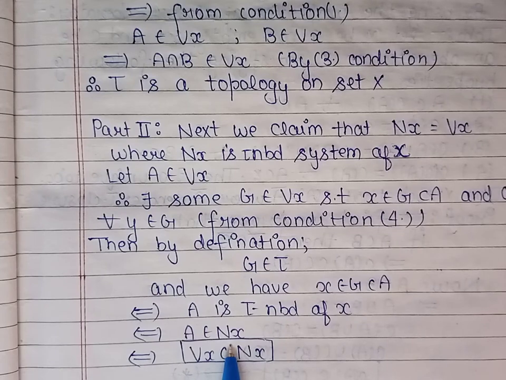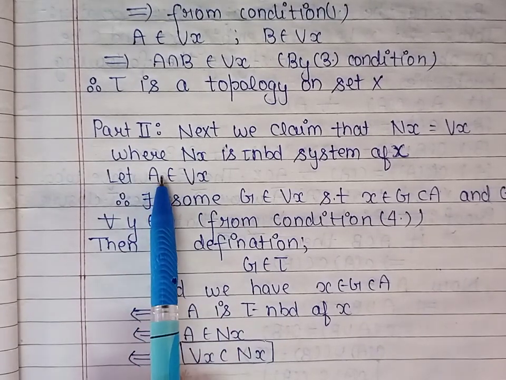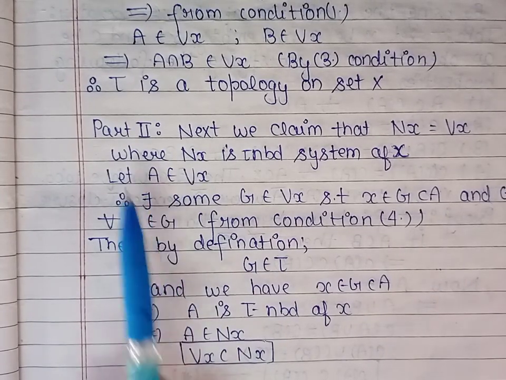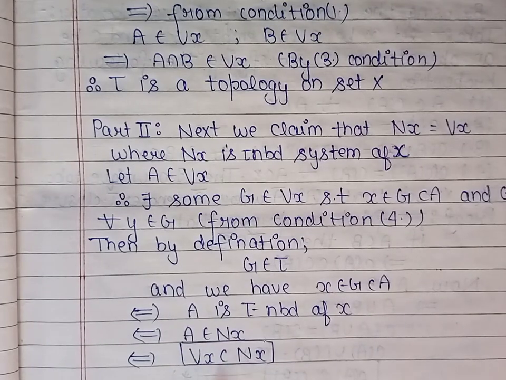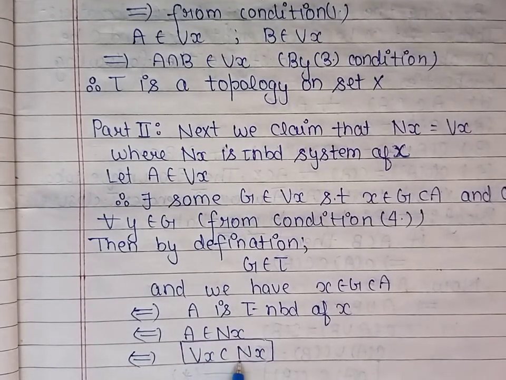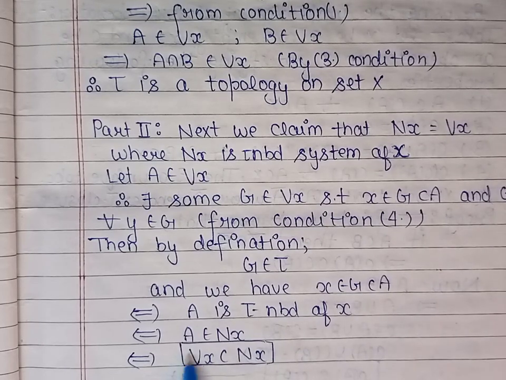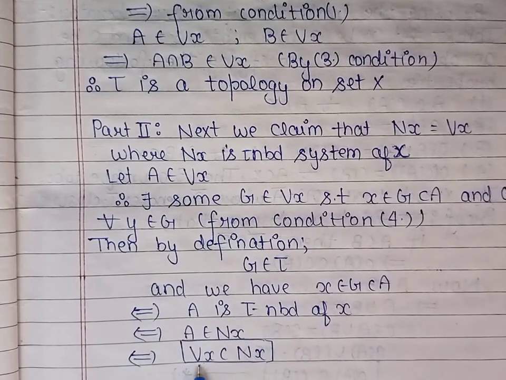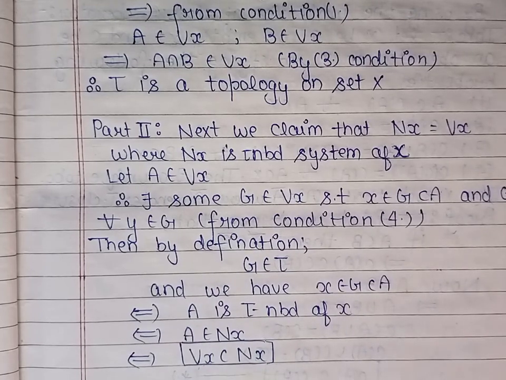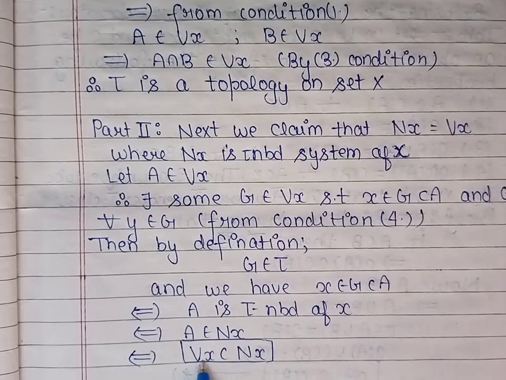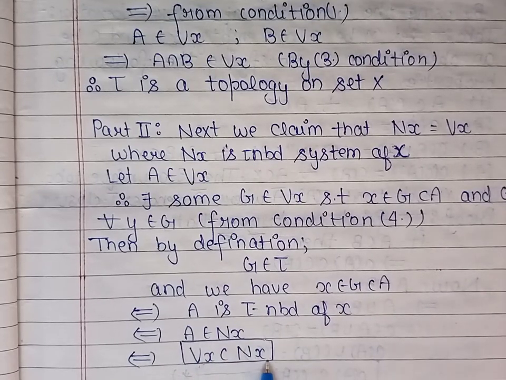So we have proved A belongs to Vx implies that A belongs to Nx. It means the collection Vx is contained in the collection Nx. And doing the same steps in reverse, you can prove Nx is contained in the collection Vx. Combining the two, we get the collection Vx is the same as the collection Nx.